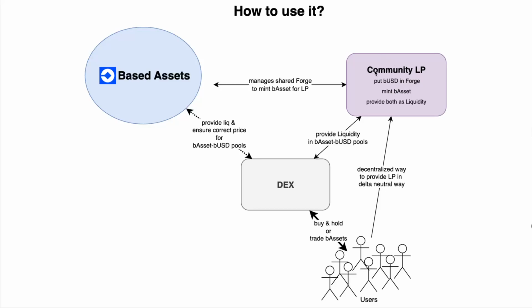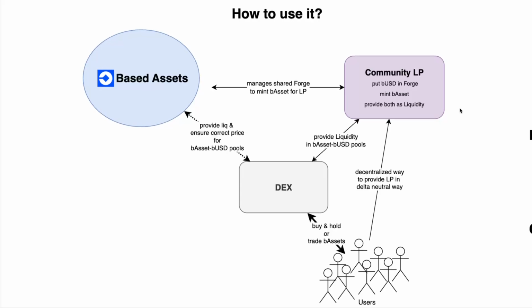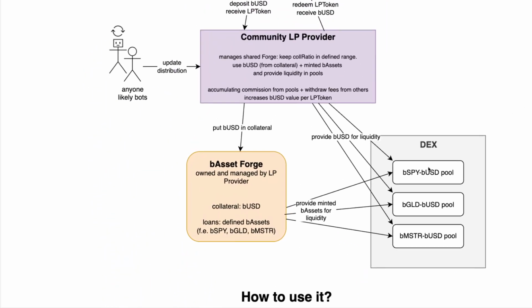They call it a community liquidity provider, where users can just deposit BUSD, so just a stablecoin, and then it uses the BasedAssets system to provide a delta neutral position, and that sounds interesting. So let's look a bit deeper into how this works.